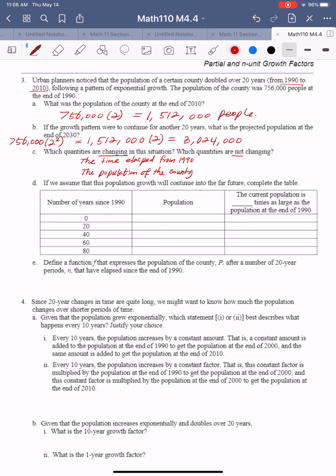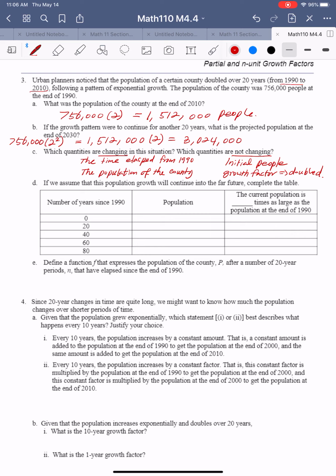And also what is not changing is the initial value, which is the initial population, and the growth factor, which is doubling, 2 times.